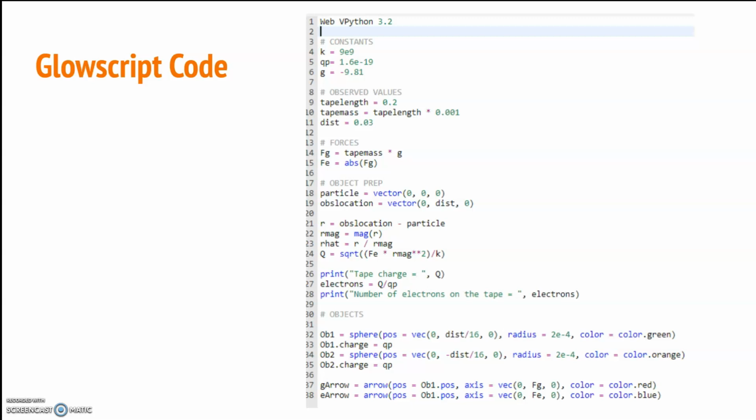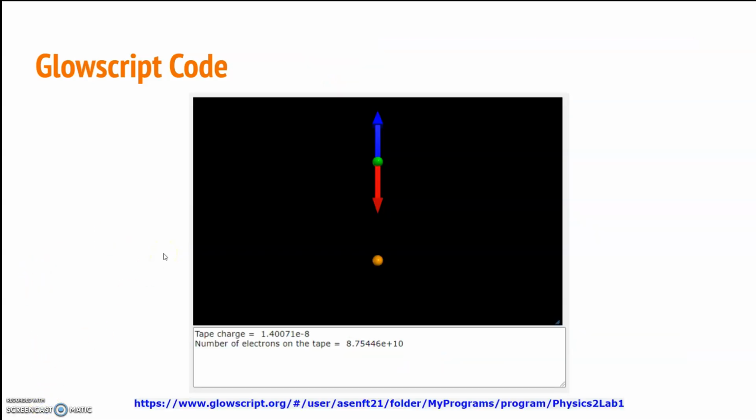I then go into calculating my force of gravity and electric force, and then creating some objects similar to what we did in Lab 0, printing out some values just to make it easier to understand what's going on and see what's happening on the next slide. So here you can see that you have your different charges here.